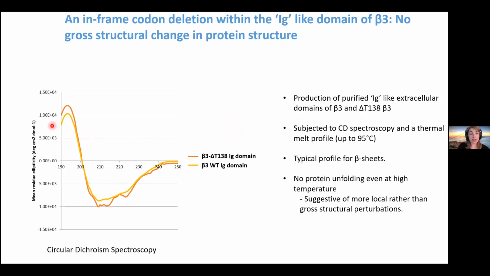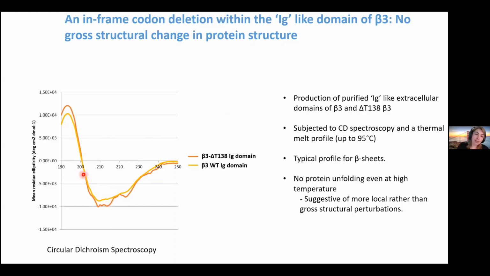So this here for beta-3 wild type and for the T138 deletion are largely superimposable within error, and is characteristic for a structure that is dominated by beta sheets, which typically peaks in this region of 210 to 220 nanometers.